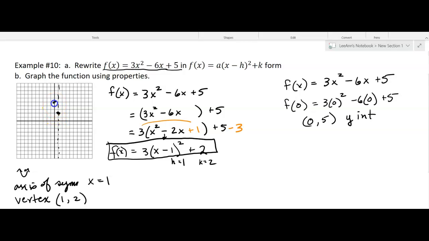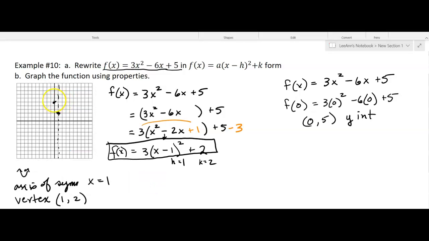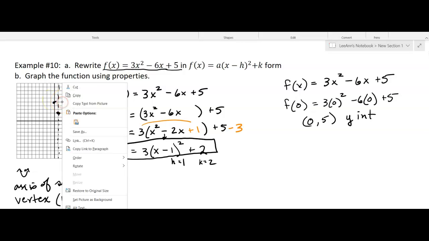Right there. Okay. Now, that means it's right side up, right? Because we already know the vertex is (1, 2). So that's as low as it's going to go. So that's handy. Also, there's a symmetric point right on the other side.